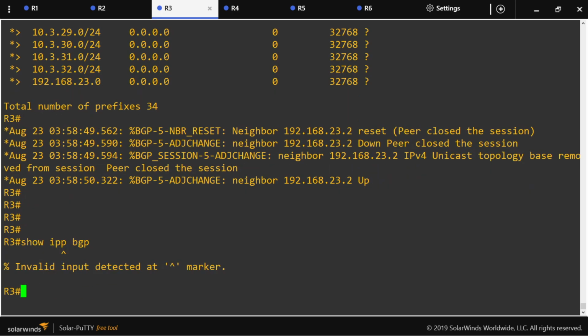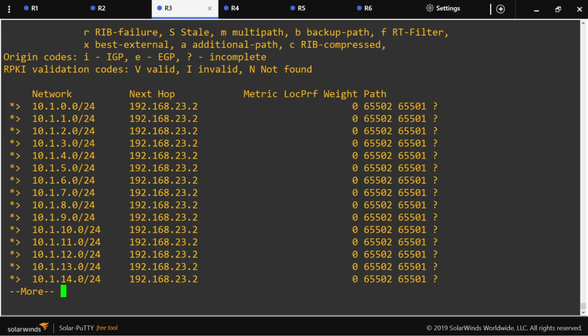So if we see the BGP table, we can tell that routes coming from Router 1 have this AS path. They have a list of autonomous systems that this prefix has traveled across. So this is the first autonomous system.